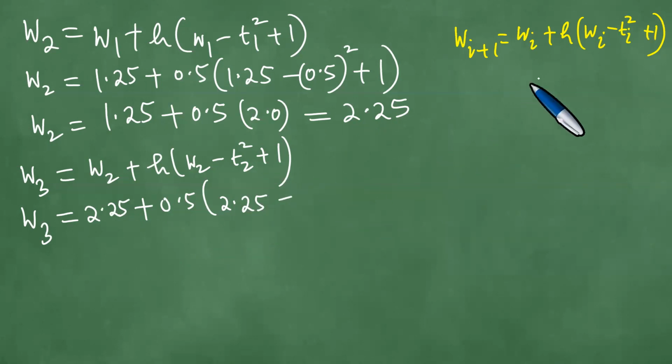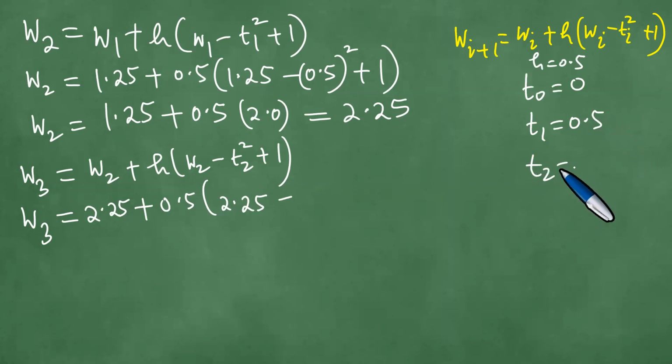We have already seen that T0 is 0 for the initial value, and then T1, when we add 0.5 because our H is 0.5, is 0.5. Our T2, if you add 0.5, is exactly 1. For consistency, we can just write 1 decimal place.